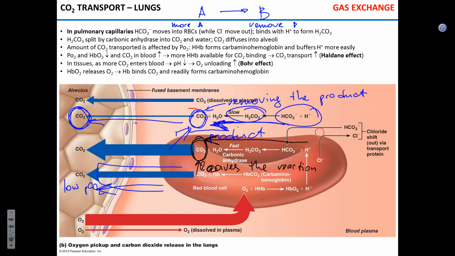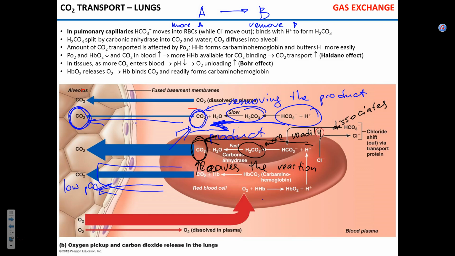Does that make sense? Now this whole shift to the left means that carbonic acid more readily dissociates. We're good?